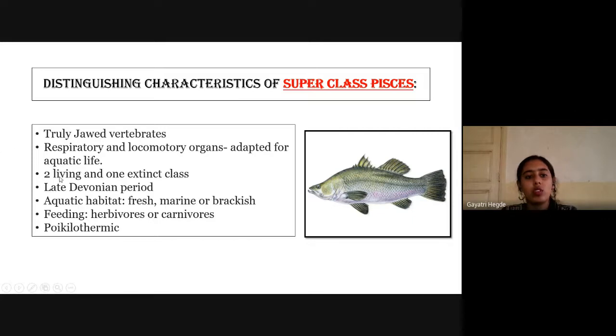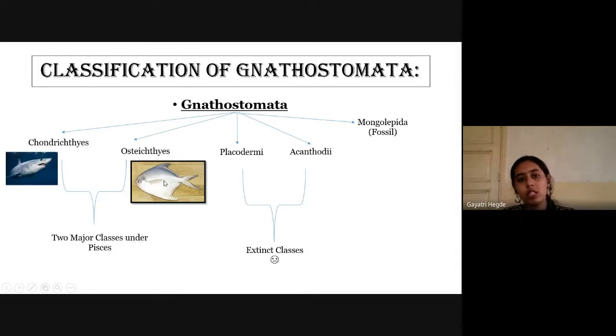So, okay. So in Pisces there are three classes. We will be studying three classes, out of which two are living classes and one is an extinct class. As I said, we will be studying these two living classes, and this one, Placodermi, an extinct class.